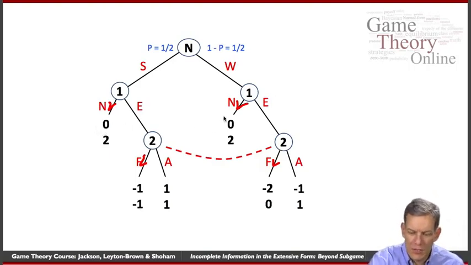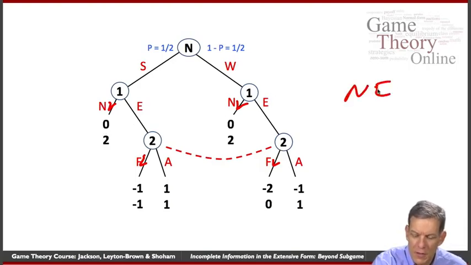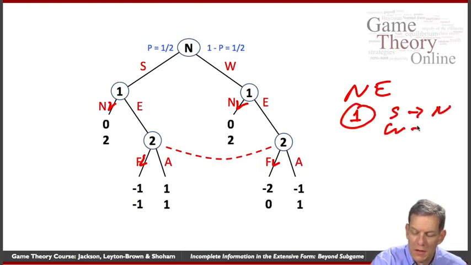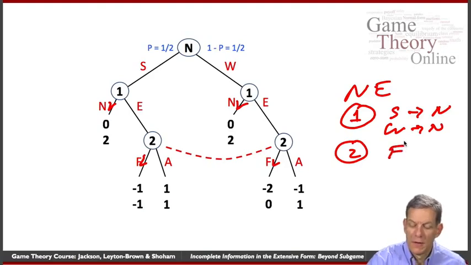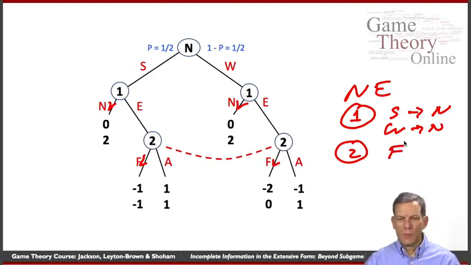So that's one Nash equilibrium. If they're strong, they don't enter. If they're weak, they don't enter. And firm two only has one information set, and they fight. So that's a Nash equilibrium. It's also subgame perfect, given that there's only one subgame.